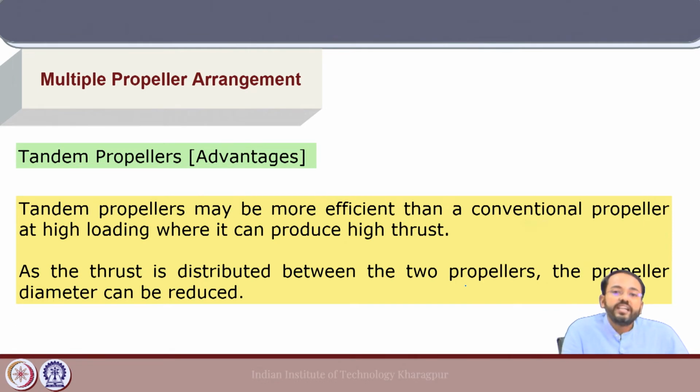So, especially for conditions of restricted diameter, a tandem propeller can be beneficial as compared to a single propeller. And because the thrust is distributed between two propellers, the diameter of the propeller can be reduced, especially for inland vessels. If there is a restriction of operation draft, these tandem propellers can be useful.